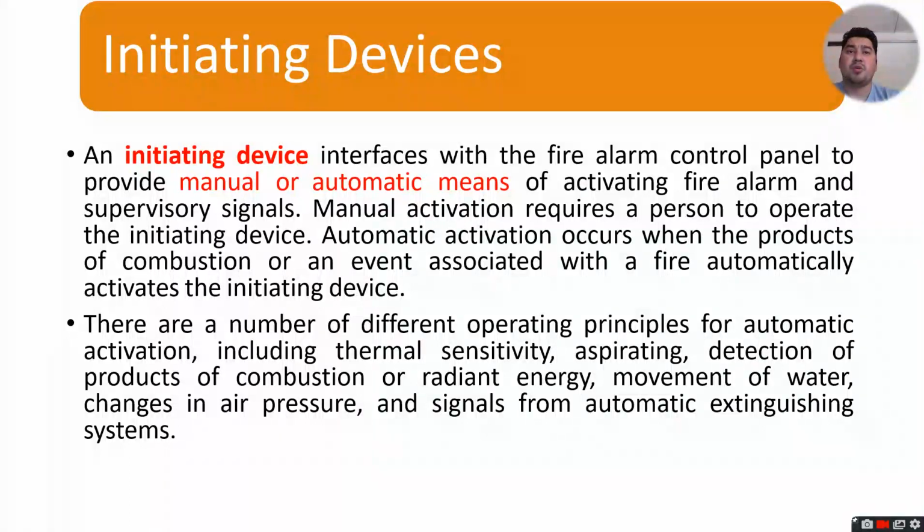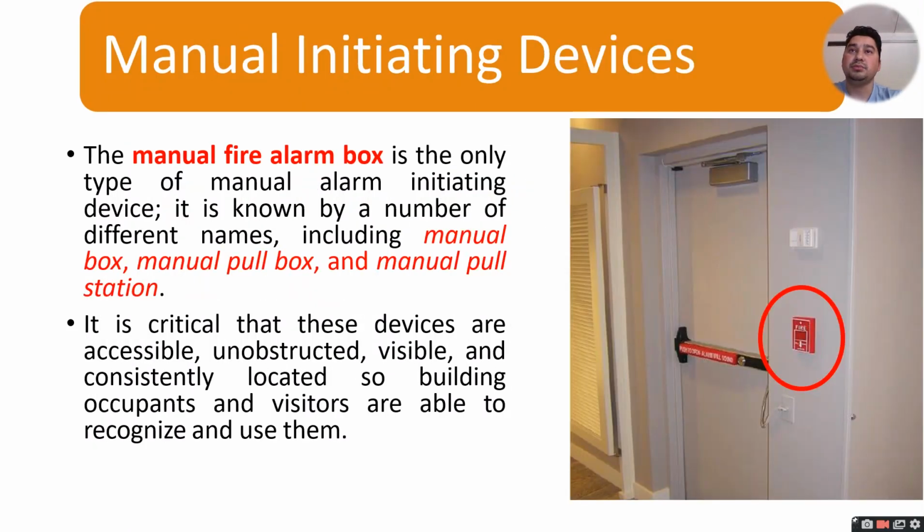There are a number of different operating principles for automatic activation, including thermal sensitivity, aspirating detection of products of combustion or radiant energy, movement of water, changes in air pressure, and signals from automatic extinguishing systems. So there are certain types of initiating devices.